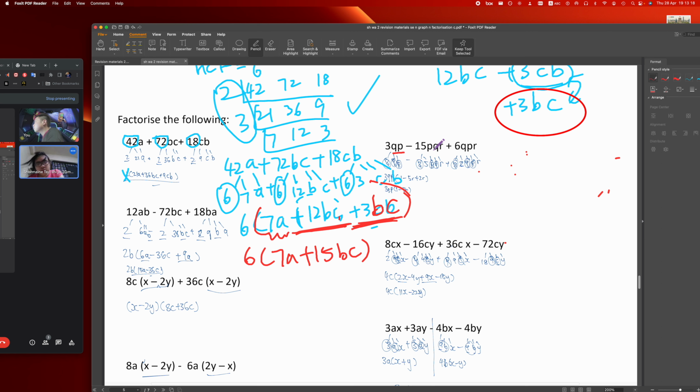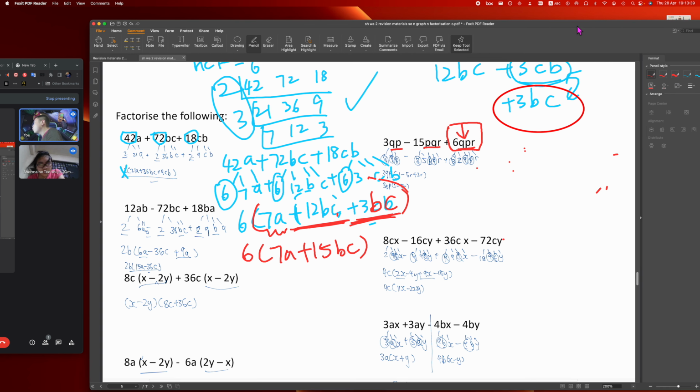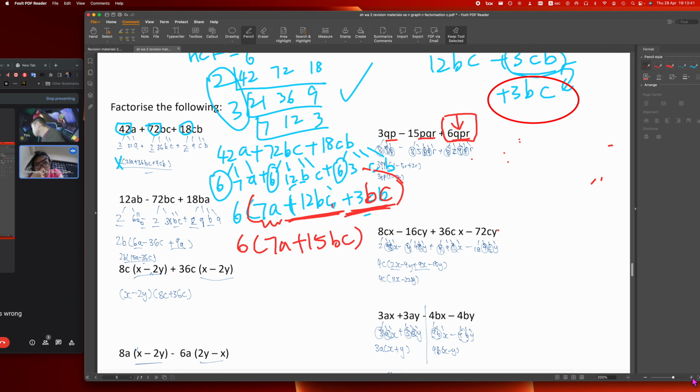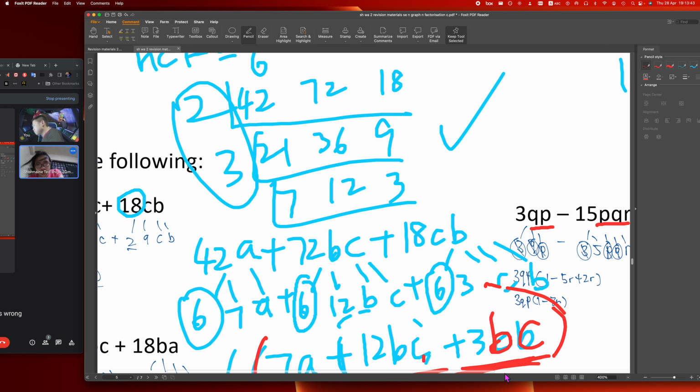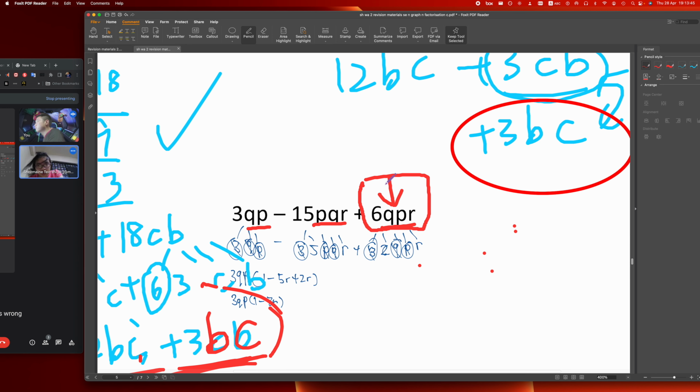3QP, 6QPR. What is this? What do you think is wrong with this?